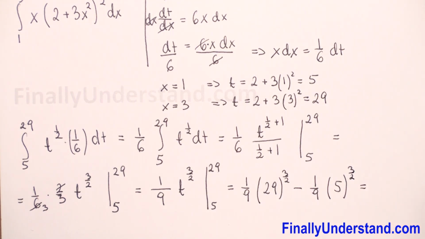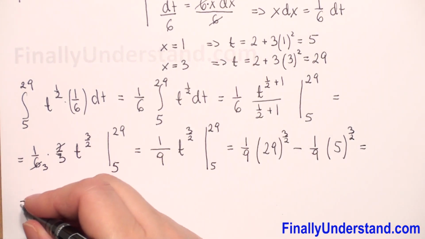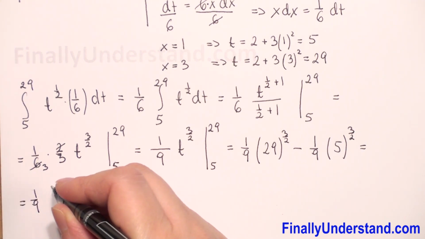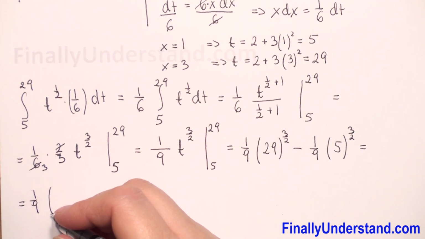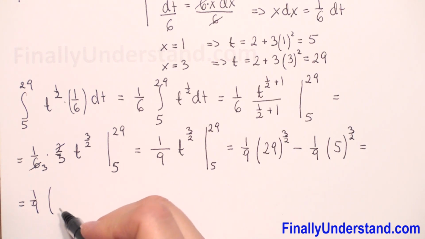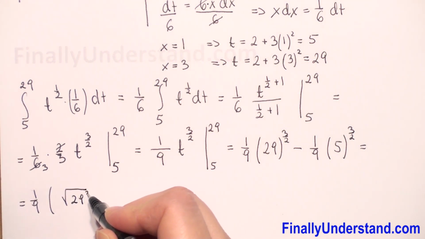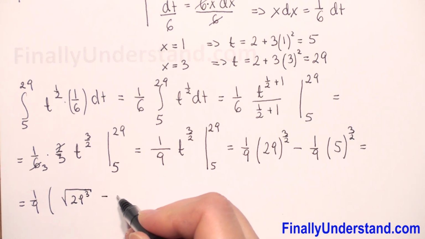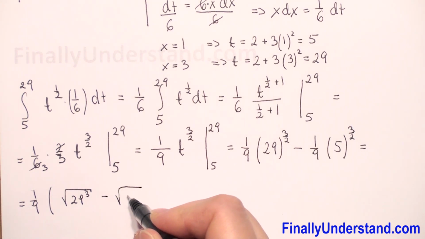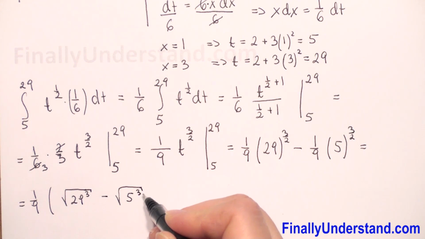This is equal. I can factorize 1 over 9, and in parentheses we will have the square root of 29 to the third power minus the square root of 5 to the third power.